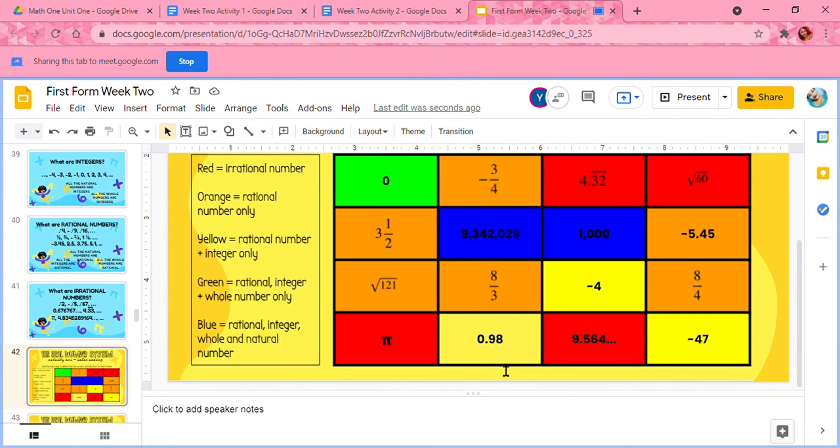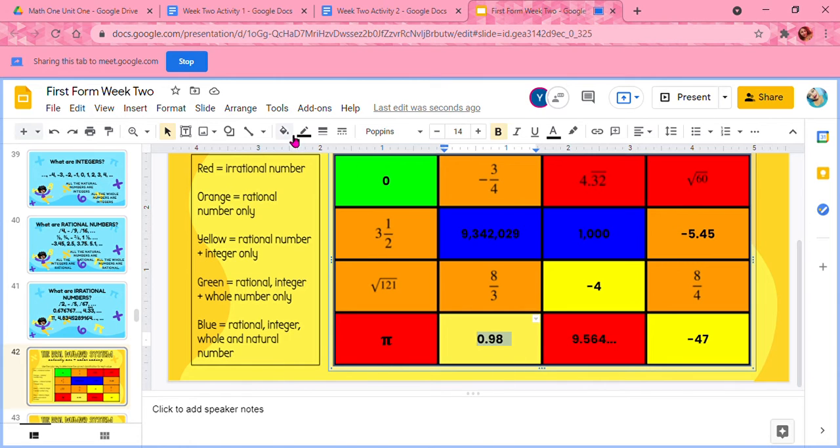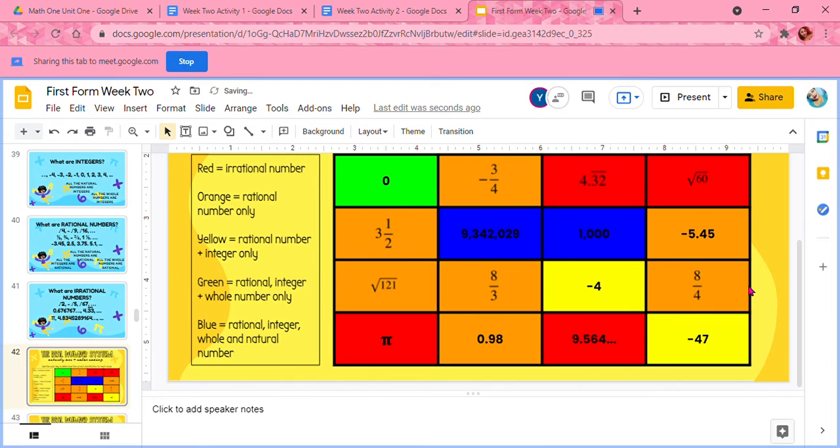And because it ends, where does this go? Rational number. Very good. The difference is, and pay attention, when you have a decimal that ends, like 0.98 or negative 45, it ends somewhere, it's a rational. If it does not end, like this one, then it is irrational, right?